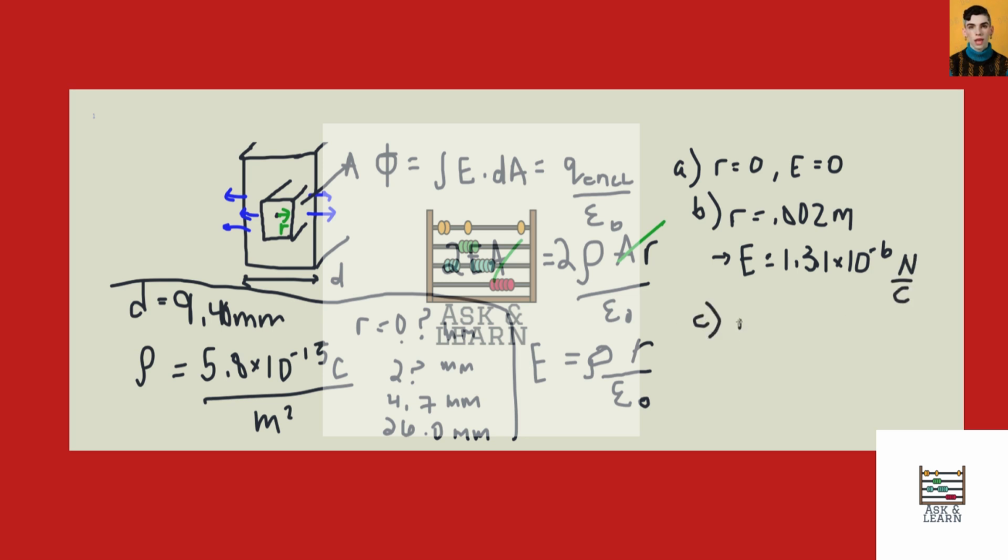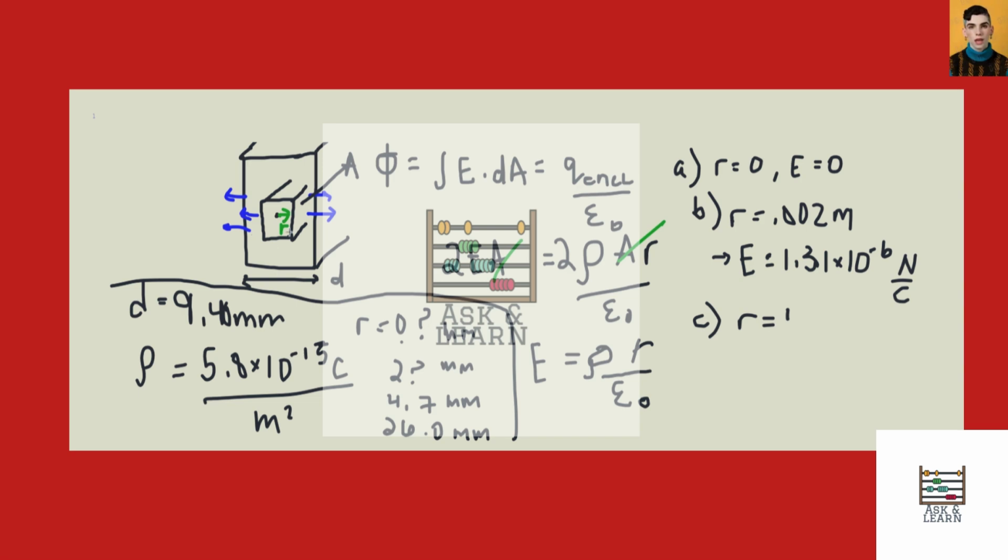Then C, again, we're still in the slab with C at 4.7 millimeters. Oh, are we actually still in the slab?